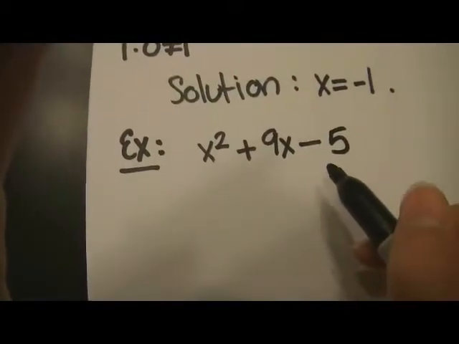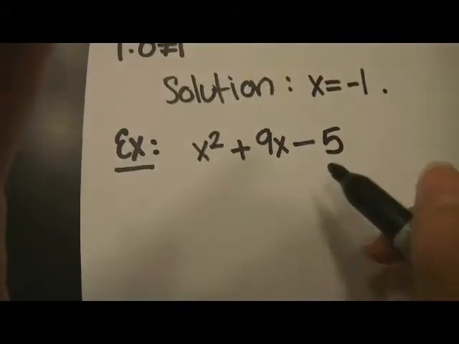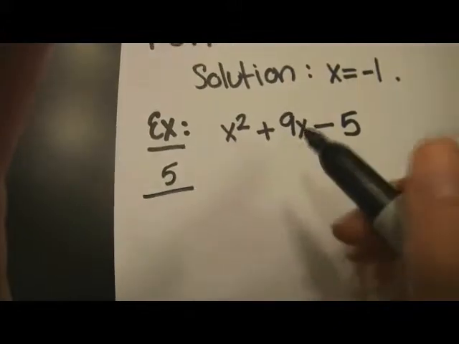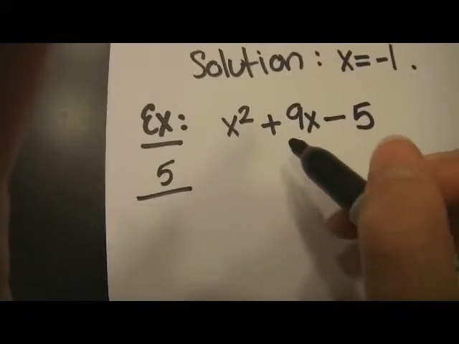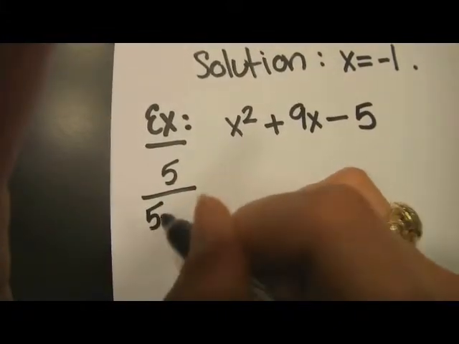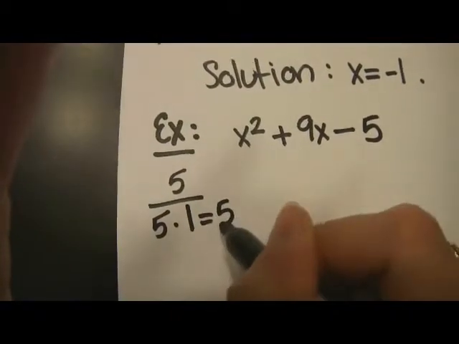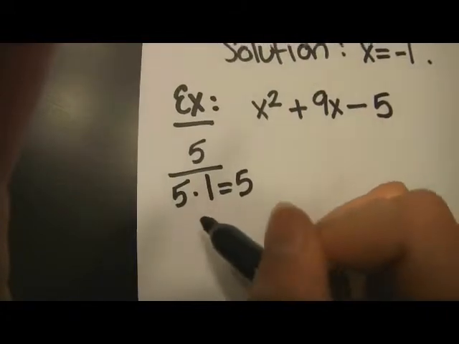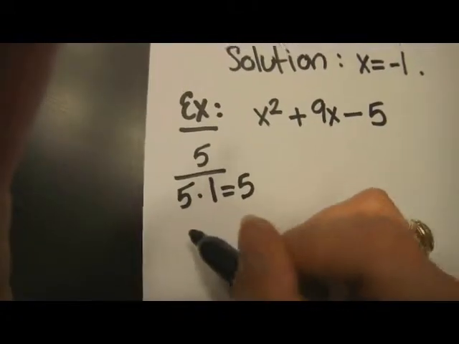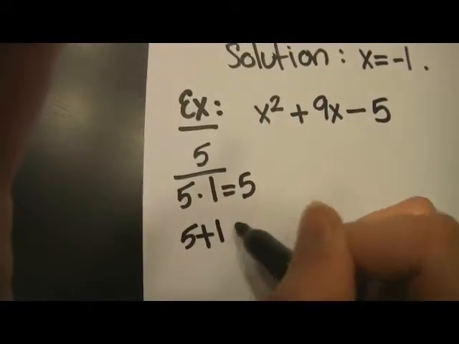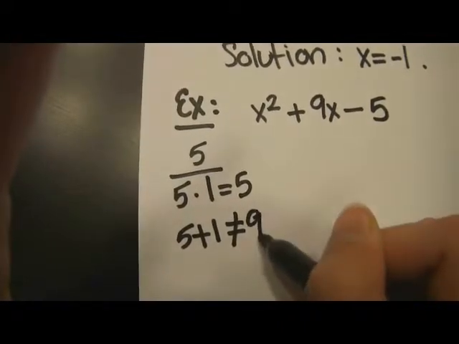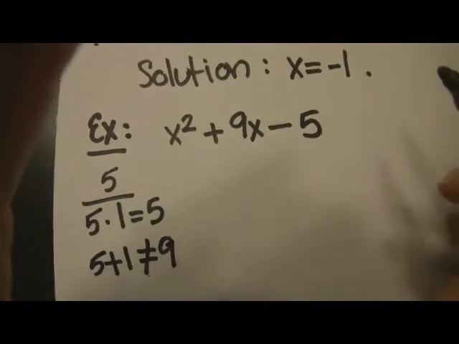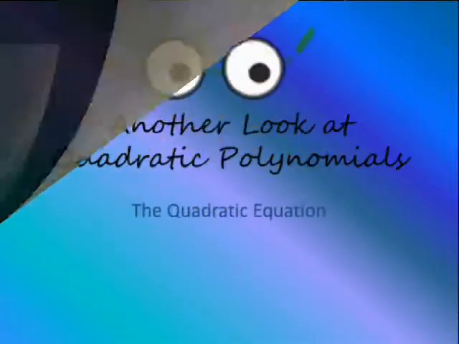Now, if you see this, there aren't any factors of 5 that add up to 9, because we have 5 times 1 is equal to 5, and that's it. 5 is a prime number. That's the only factors that we have of that. Well, 5 plus 1 is not equal to 9. So how are we going to solve this equation? Well, we can go over that in the next video.